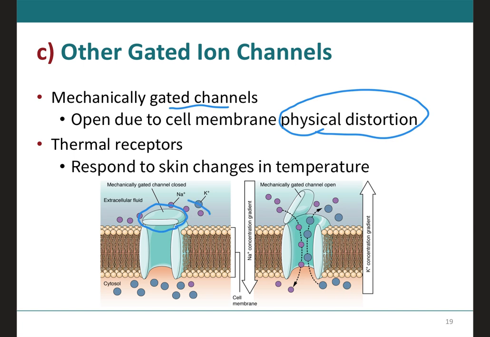We will have way more sodium on the outside of the cell and more potassium on the inside of the cell. But once this channel is stimulated and there's a physical distortion of the channel or of the membrane, then the channel opens and it allows potassium to go out down the concentration gradient and sodium to come in down the concentration gradient. And that's how the ions will move inside of the cell.